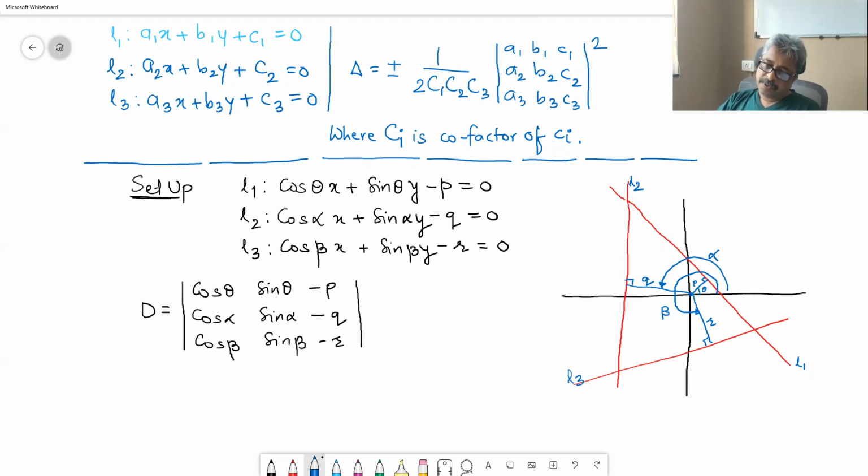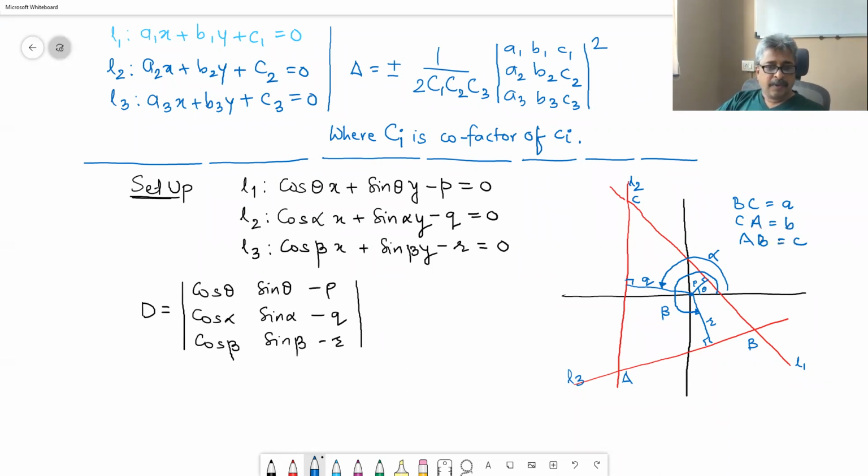Okay, maybe you can call this point capital A, you can call this point capital B, you can call this point capital C. Then BC is small a, length of CA is small b, length of AB is small c.